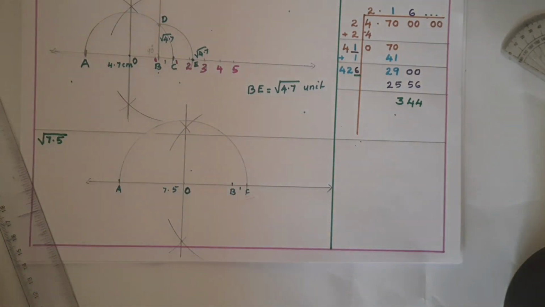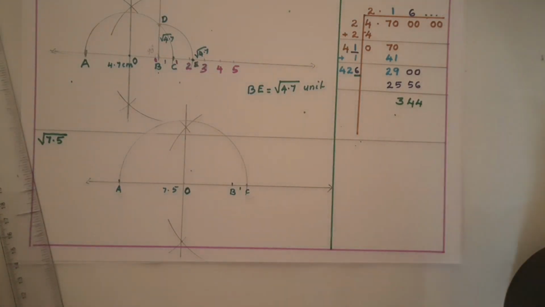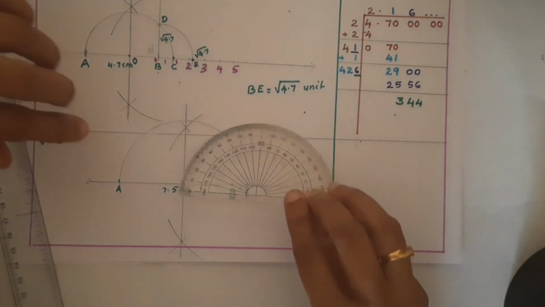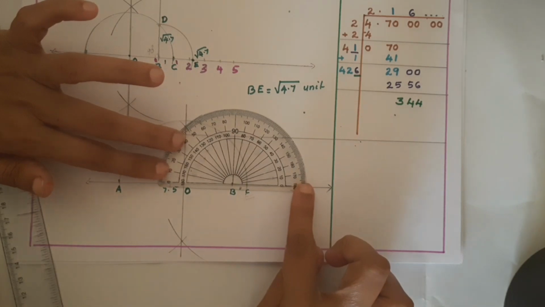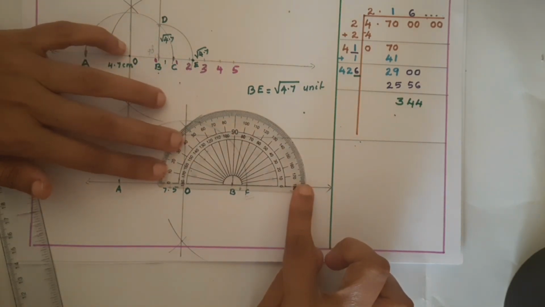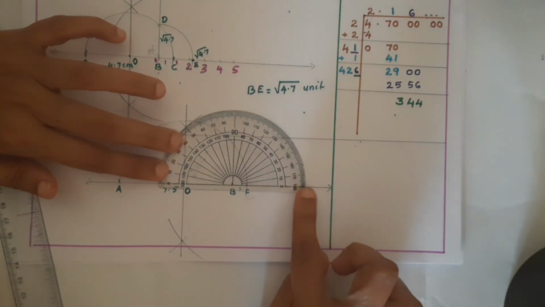Okay. What is the next step? Next we have to take 90 degree at B. We have to fix the center of the protractor at B, and the baseline you have to adjust properly.